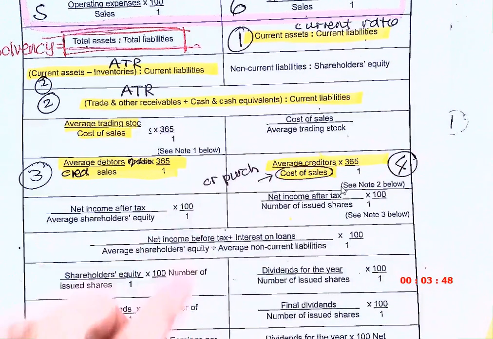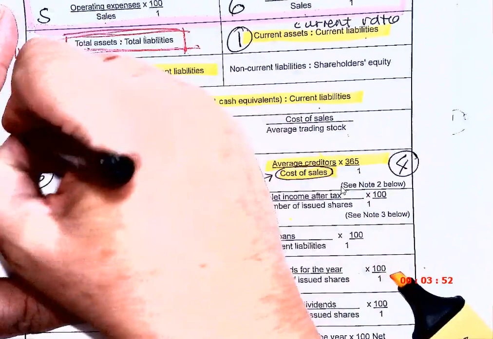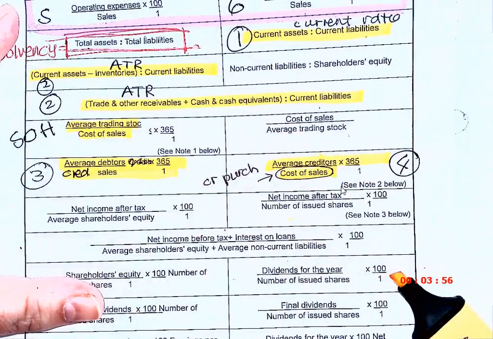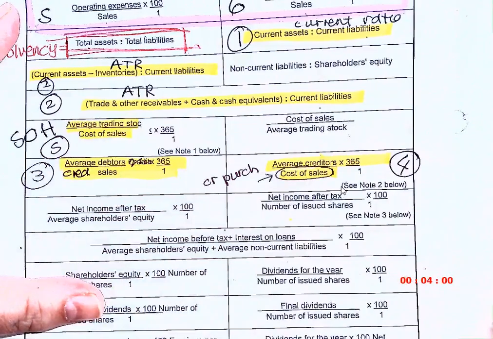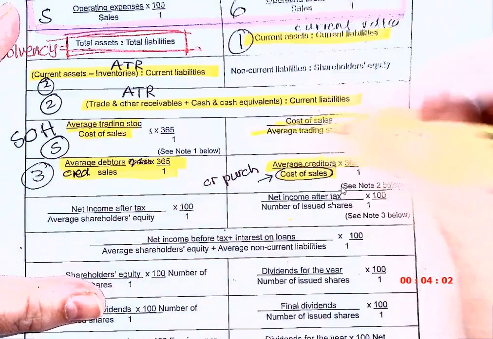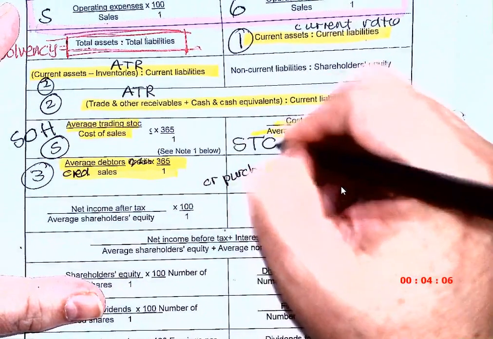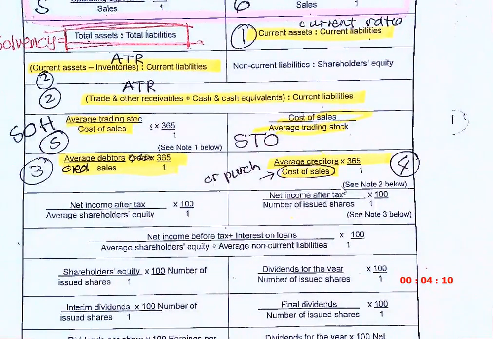Okay, so average stock on cost of sales, I know that is stock on hand. That's ratio number 5. And cost of sales on average stock, that is stock turnover.